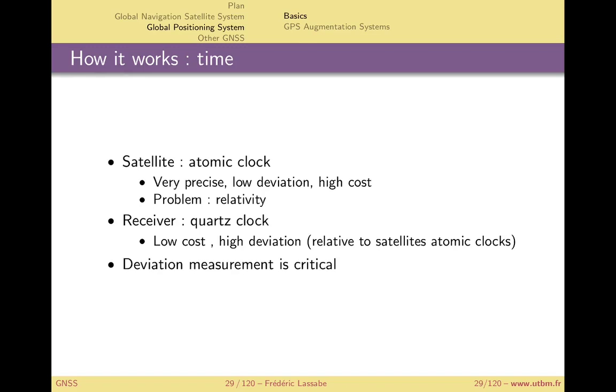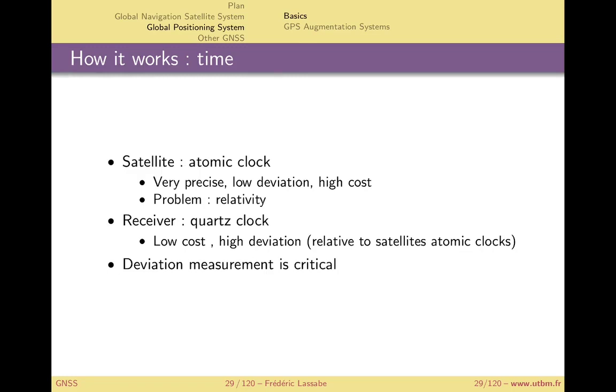So as I said, the satellites have atomic clocks, which are very precise with a low deviation but cost a lot. And the problem is the relativity theory, because moving fast in different gravity, their time is very precise but does not flow at the same speed as our time on the ground.